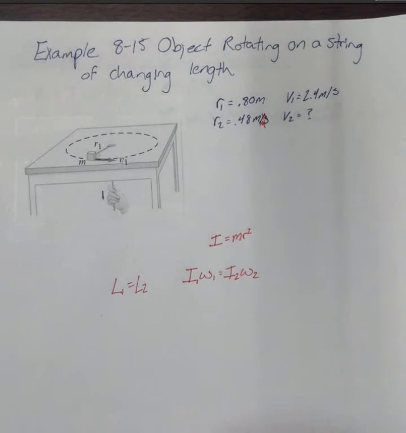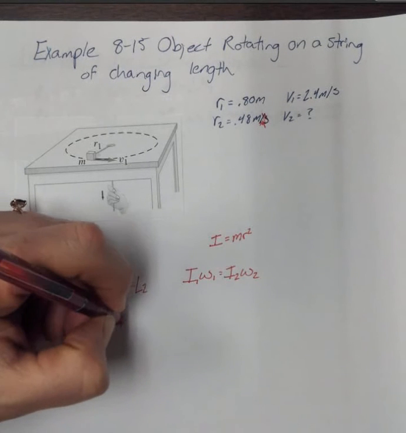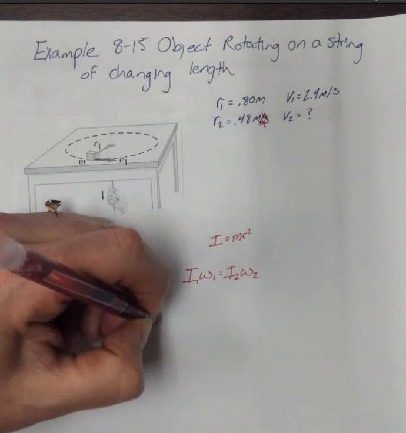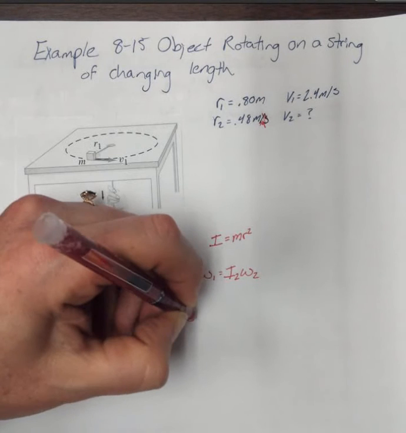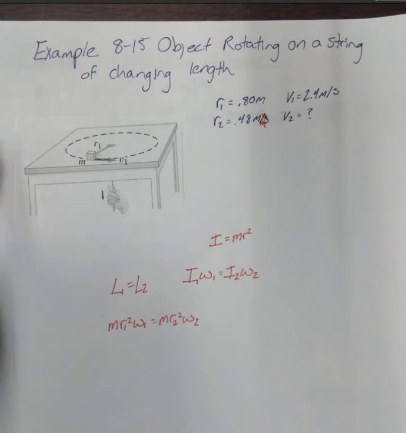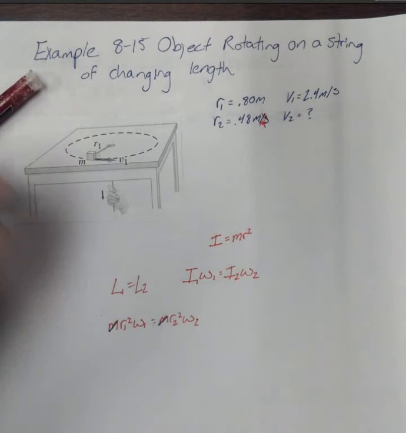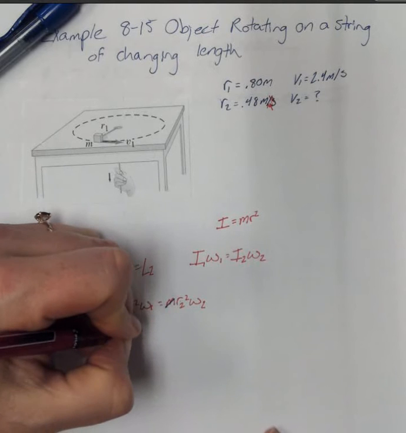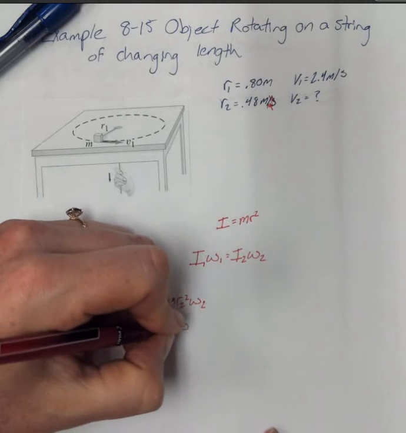So rewriting that, we get mr1 squared omega 1 equals mr2 squared omega 2, and right away we can see, oh thank goodness, I don't need a mass value, so my relationship is r1 squared omega 1 equals r2 squared omega 2.